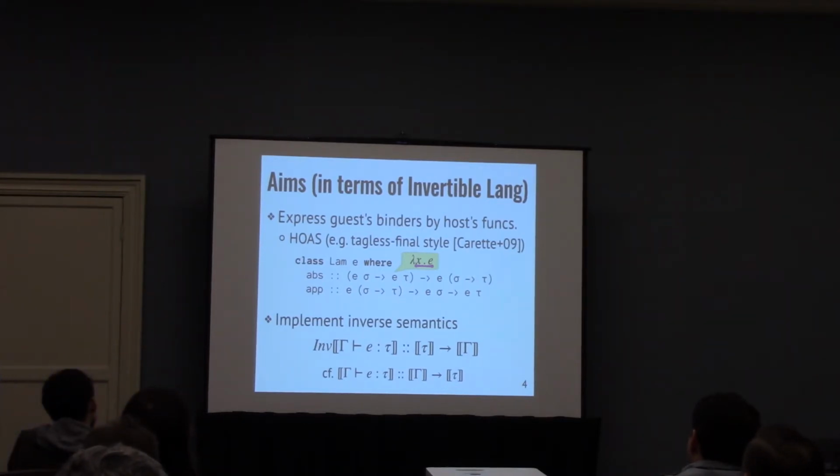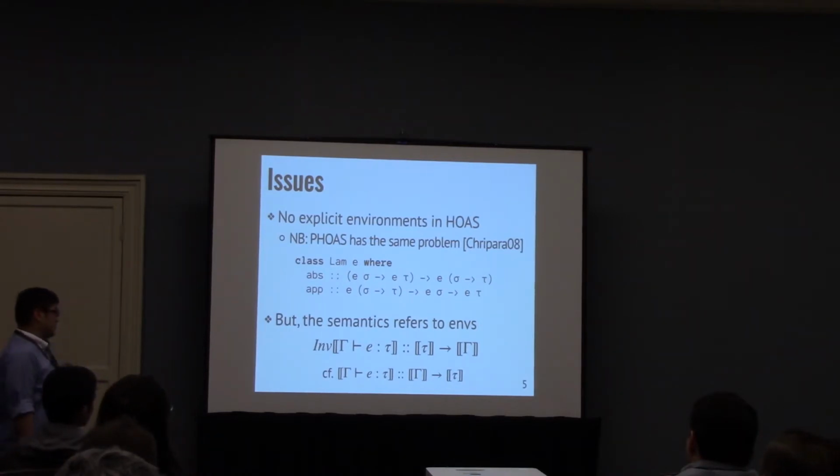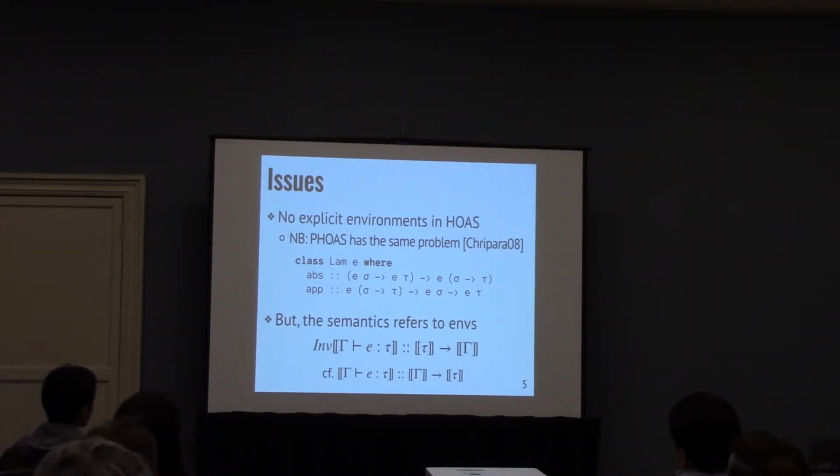Here comes an issue. In the higher-order abstract syntax representation, there is no explicit environment. However, we want to refer to the environment in implementing the inverse semantics. So the challenge is how to deal with this gap.